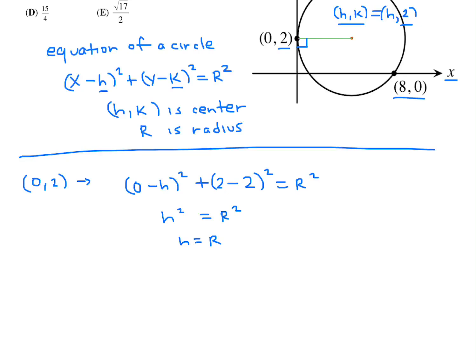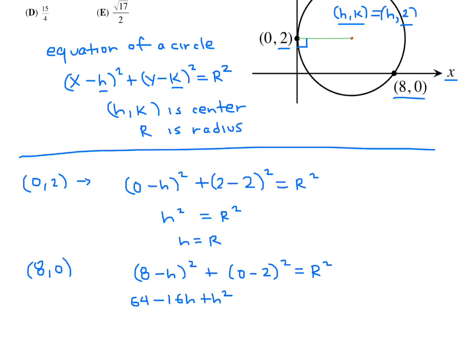All right, let's start with the other one, (8, 0). Plug in (8, 0), and we get (8 minus h) squared plus (0 minus 2) squared is equal to r squared. So this is 64 minus 16h plus h squared plus 4 is equal to r squared.